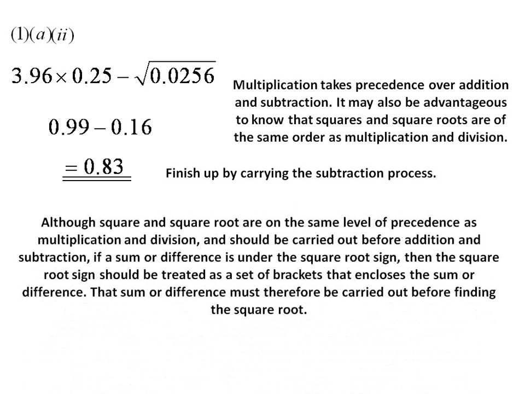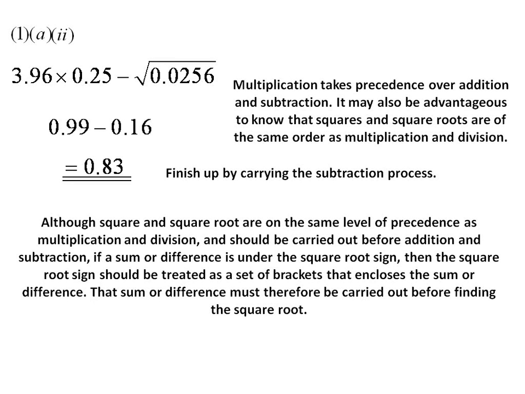Although square and the square root are on the same level of precedence as multiplication and division, and should be carried out before addition and subtraction, if a sum or difference is under the square root sign, then the square root sign should be treated as a set of brackets that encloses the sum or difference.